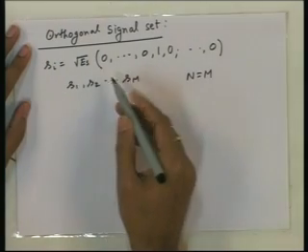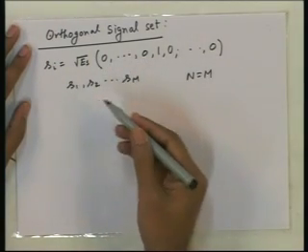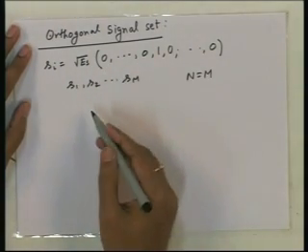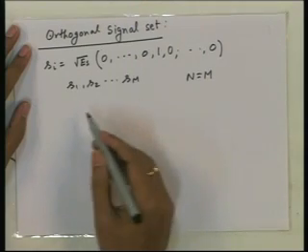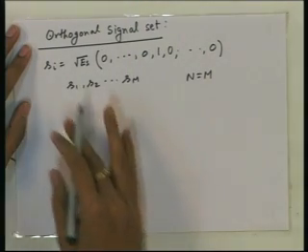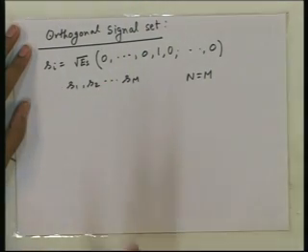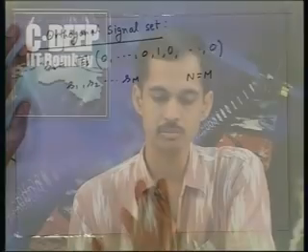Suppose every component is added by some noise and we receive some vector R. Since the signal set is symmetric, the probability of error for each point is the same. So, we need to compute only the probability of error for one particular point, and that will be the probability of error for all the points, and as a result it will also be the same as the average probability of error.